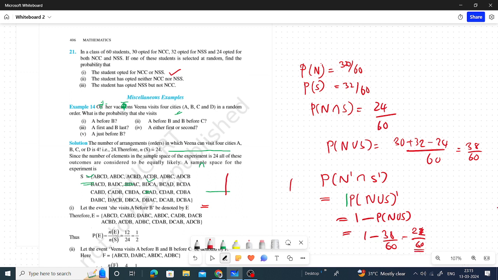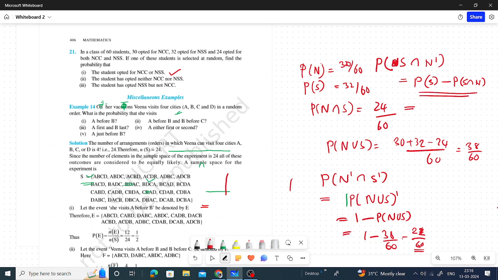Similarly, the student has opted NSS but not NCC. That means the probability of S minus the probability of S intersection N. This formula you just see.